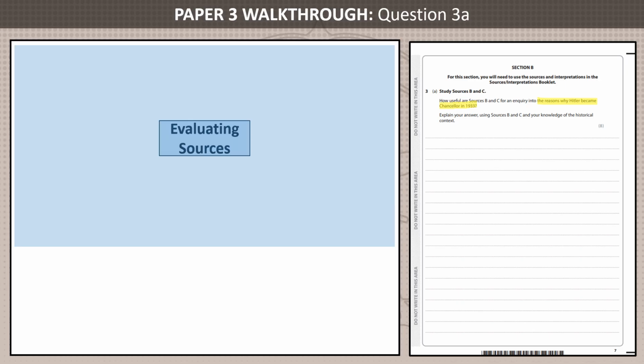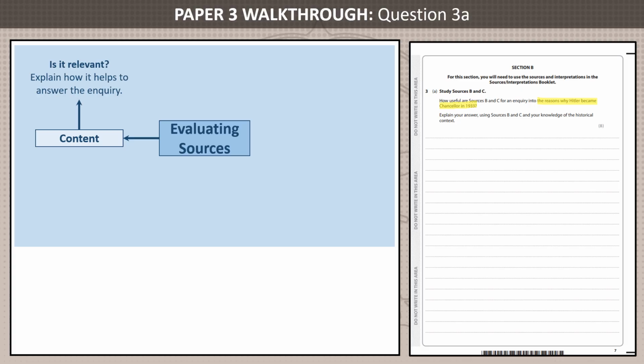Now, before we move on to the next question, let's just remind ourselves of some of the things that we might think about when we're evaluating sources. Whatever source we're given to evaluate, we're going to think about the following. When looking at the content, we might ask ourselves, is the content relevant? In other words, does the information in the source match the inquiry we're following?